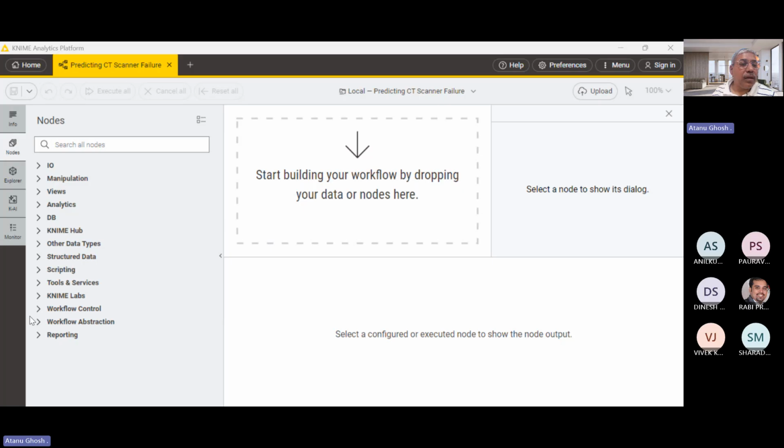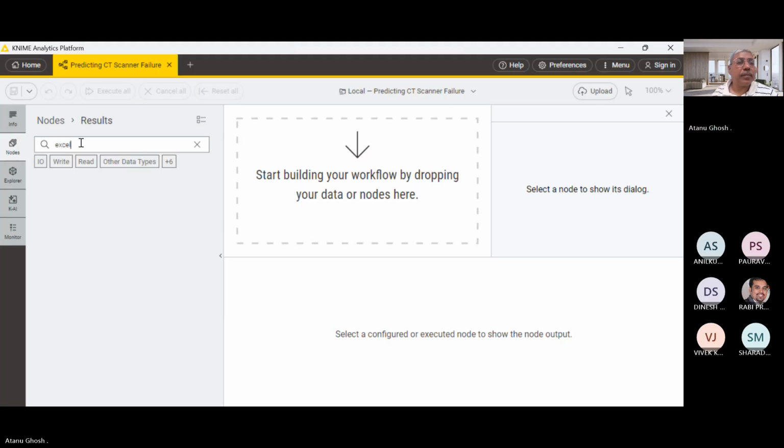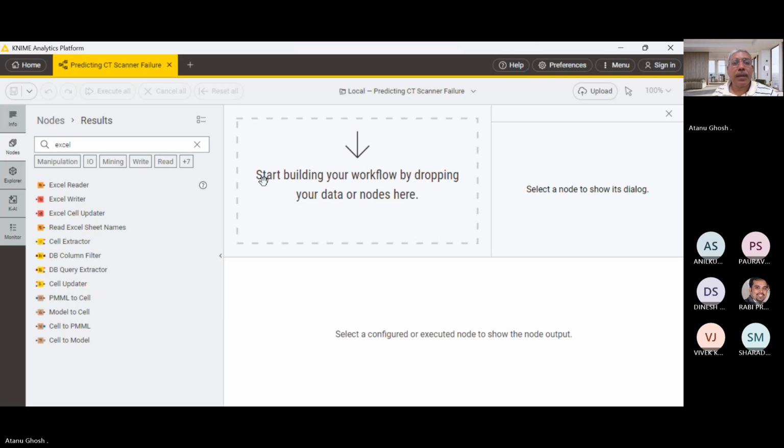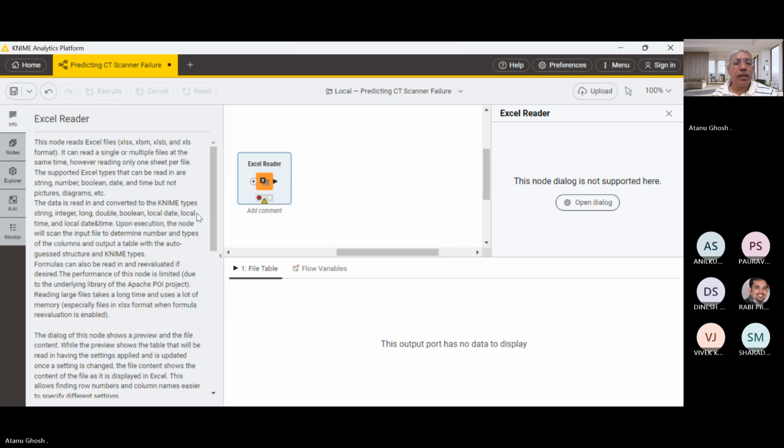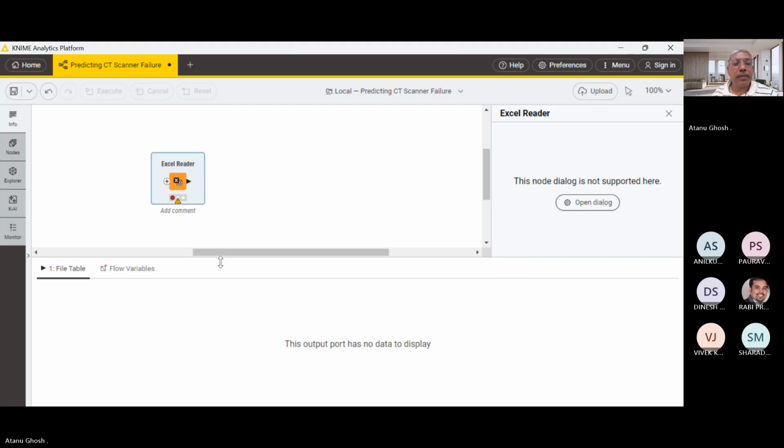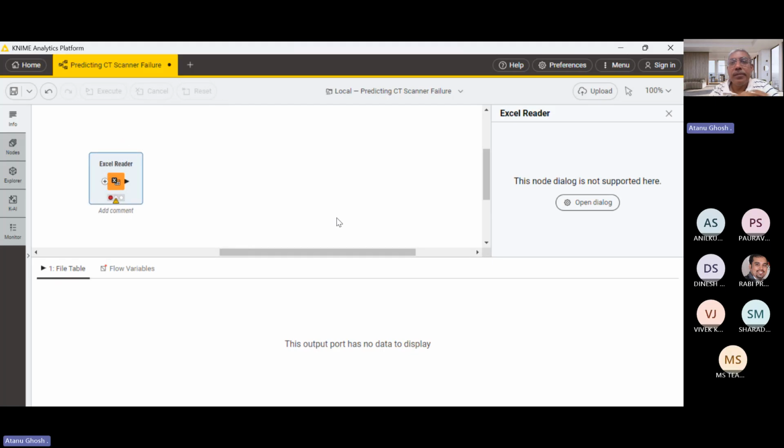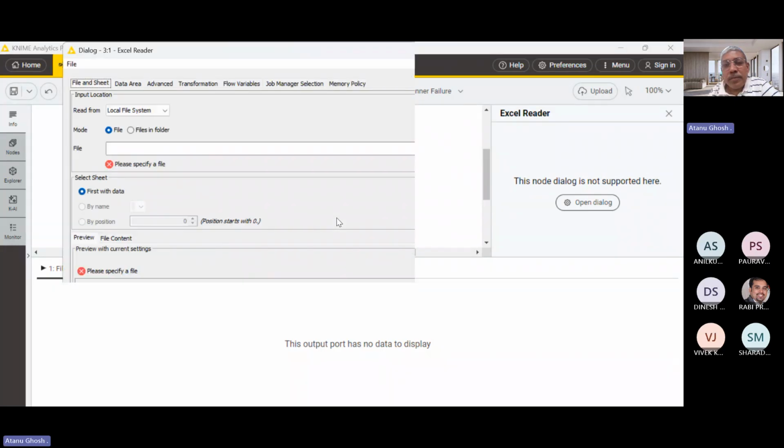Just give me a second. So, Excel reader. Read the file. Everybody is able to see my screen? Yes or no?